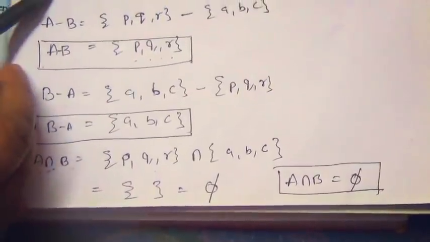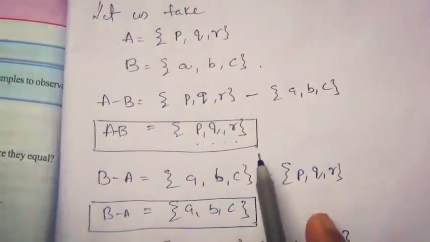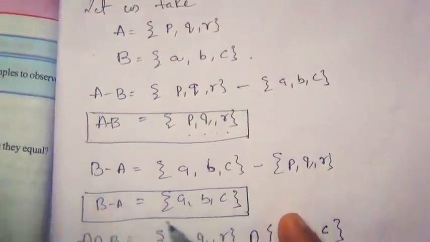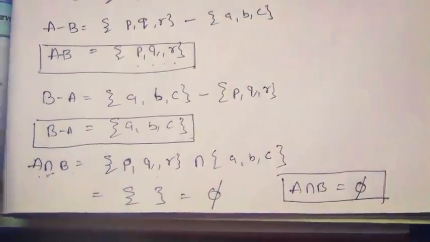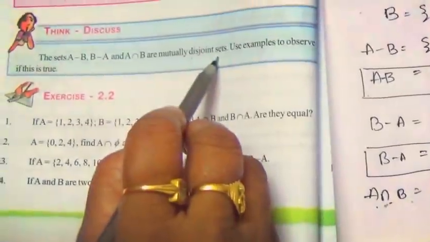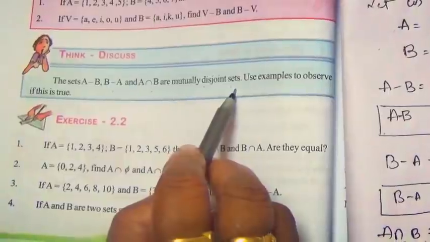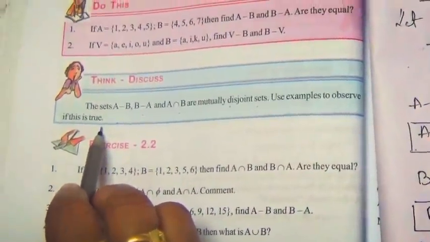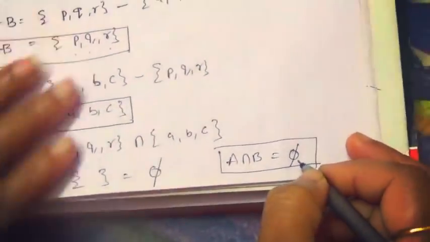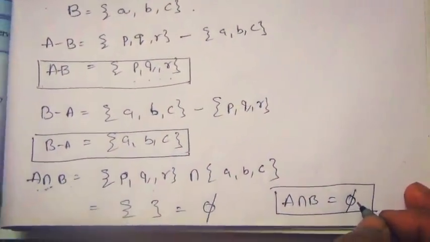If we take any two disjoint sets, A minus B, B minus A and A intersection B are mutually disjoint sets. Use examples to observe if this is true. Yes, these are. Here you have to conclude after completion of this sum: yes, these are mutually disjoint sets when we take any two disjoint sets.